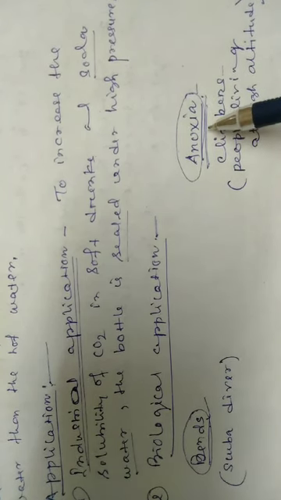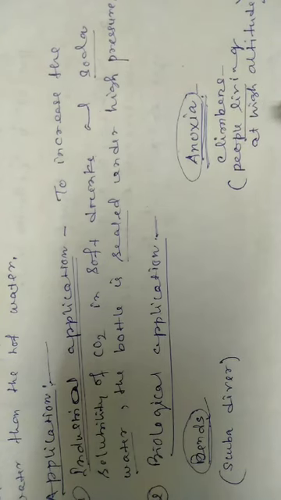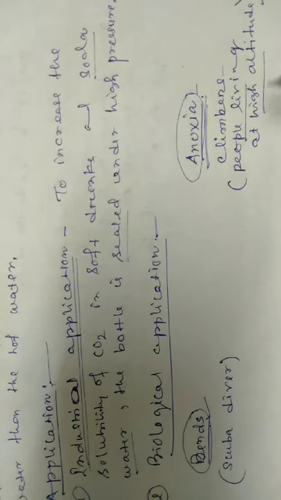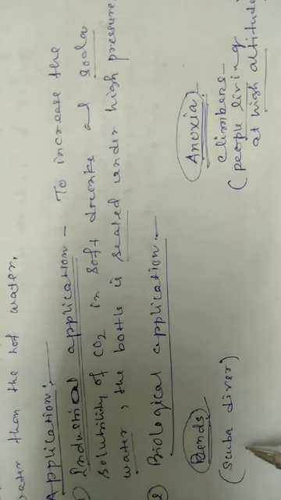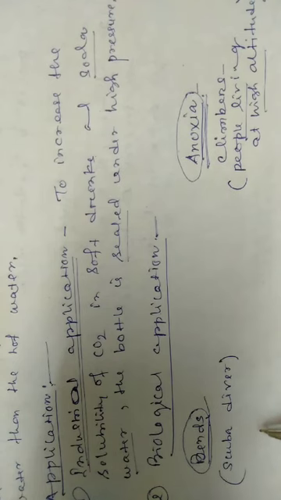So anoxia is due to the decrease in partial pressure at high altitude, and bends is related to increase in partial pressure under water.